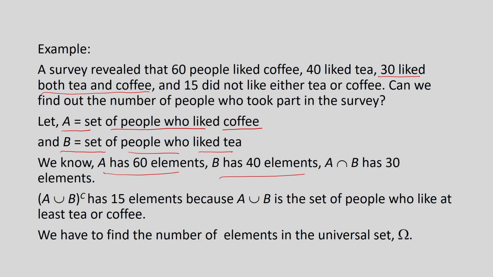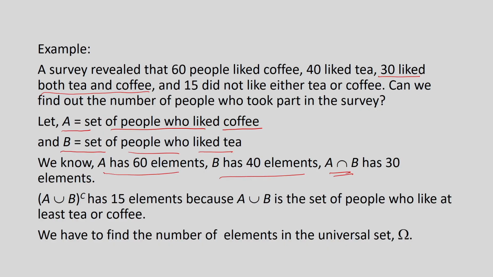So, when a person likes both tea and coffee, he belongs to the set A because he likes coffee, but he also belongs to the other set B. So, he belongs to both the sets at the same time, and we say that he belongs to A intersection B. So, A intersection B has 30 elements.